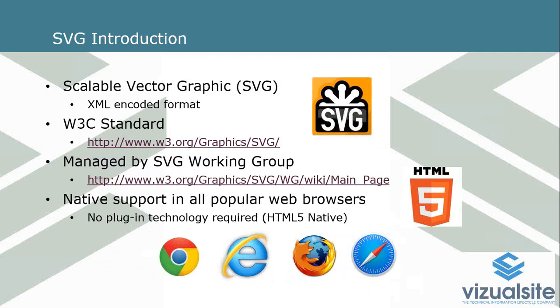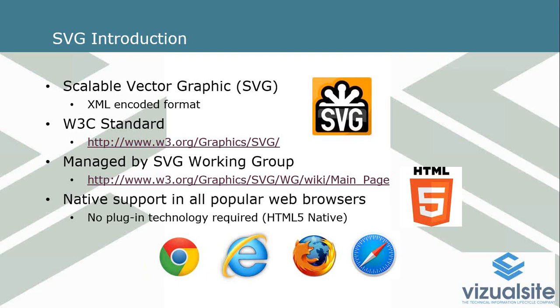So a quick introduction to SVG, Scalable Vector Graphics. It's an XML encoded format, so that's an attractive thing. It's a structured format, and is open, obviously, as CGM is. It's a W3C standard, so you can find more information about the format there.